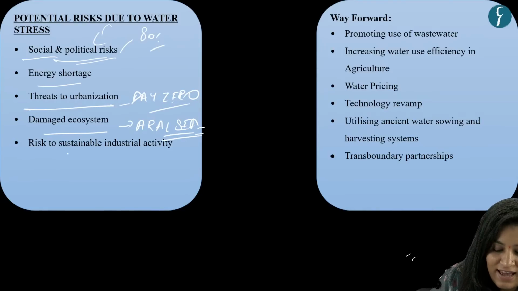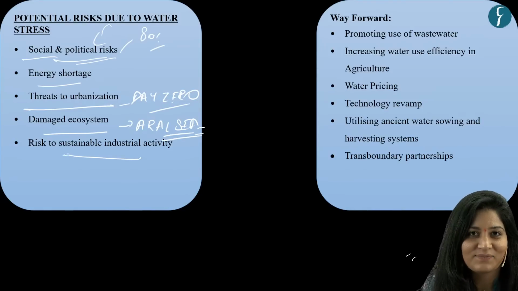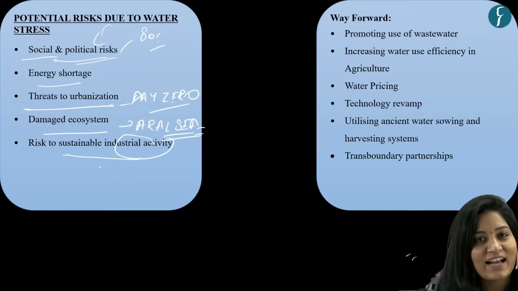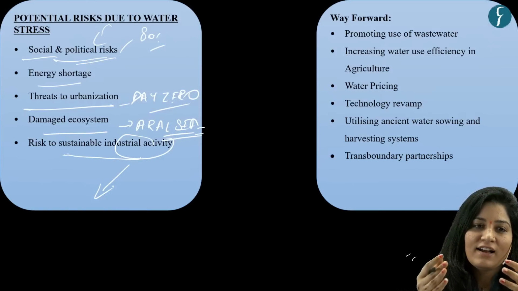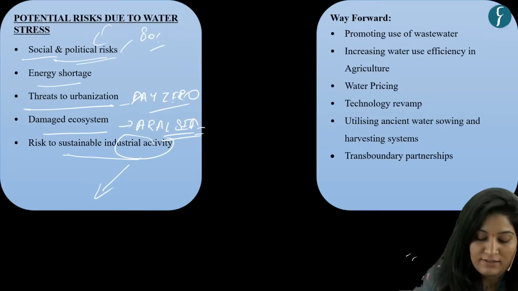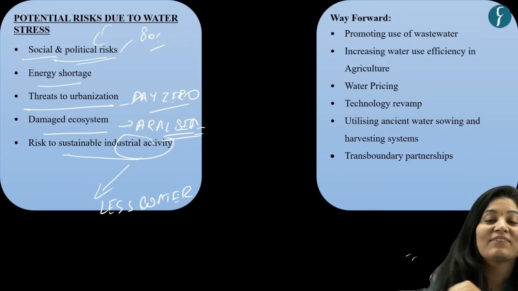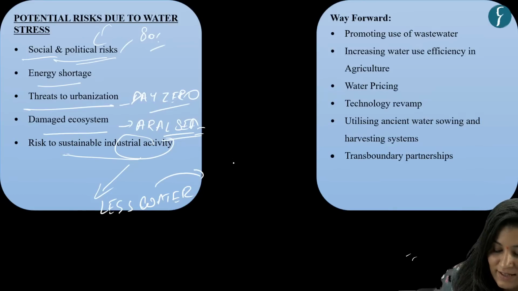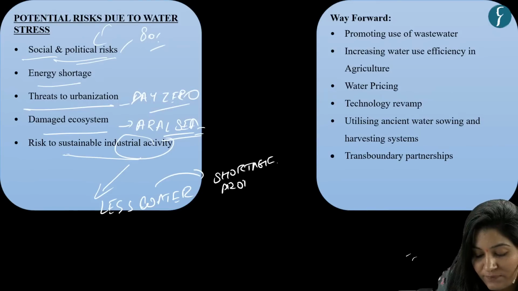Okay, last but not the least, it will impact every sector, like industrial activity. I will show you with a chart. See, less availability of water, there will be a shortage in production.